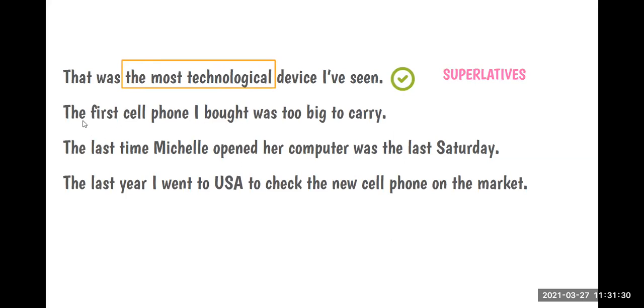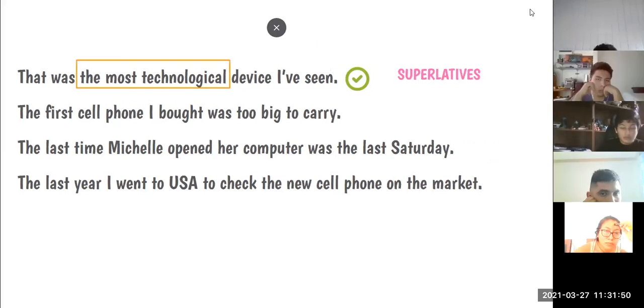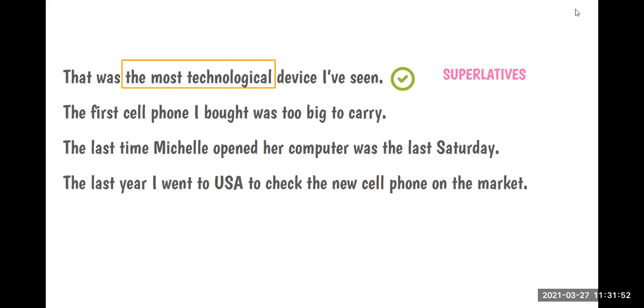What about the second? The first cell phone I bought was too big to carry. What about this one? Is this sentence correct? Yes. No, teacher. No or yes. Why no or why yes?